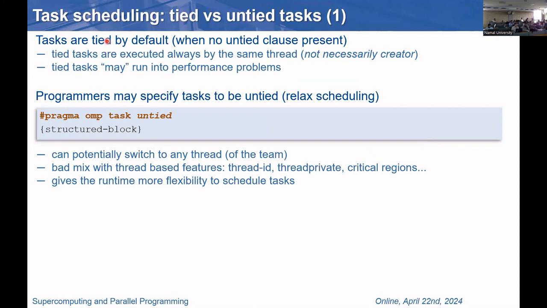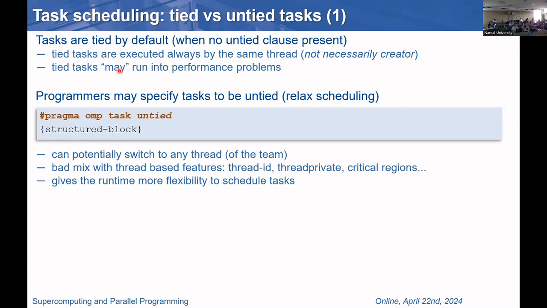But let's also try to make the scheduling a little relaxed in case we can gain something, and also in case the programmer is aware that there may be some problems with the tasks. So by default, everything is tied. And this means that any task is always executed on the same thread. Not necessarily the creator, as we have seen. The creator is one thread, and then the task goes and is executed in another thread.